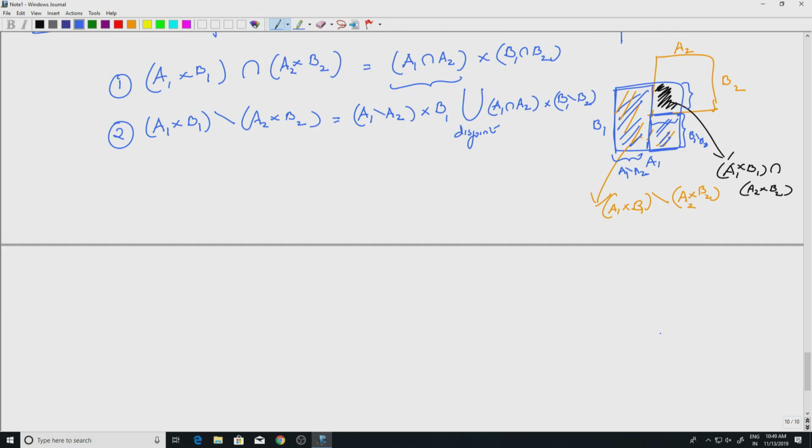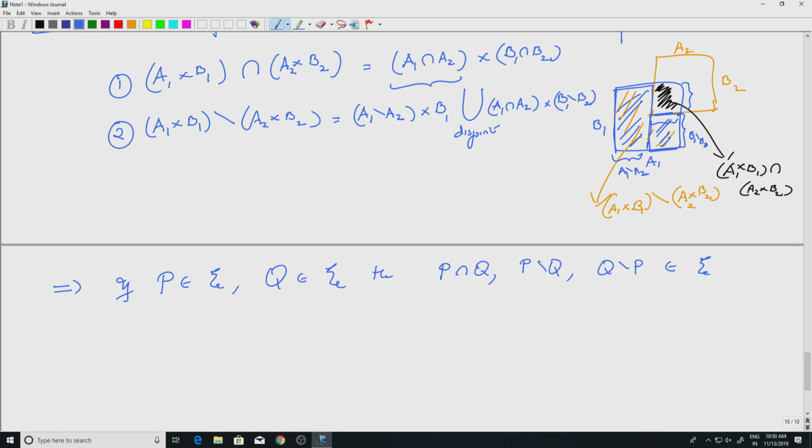Consequence is that, so this implies that if P is an elementary set, so that means it is a finite disjoint union of measurable rectangles, Q is another elementary set, then P intersection Q, P minus Q, of course Q minus P because that is symmetric, will also be in script E.